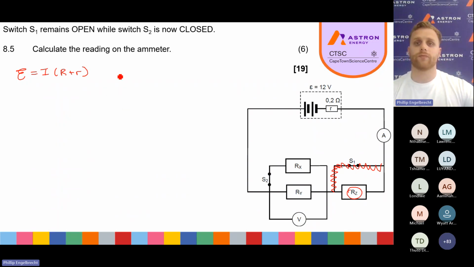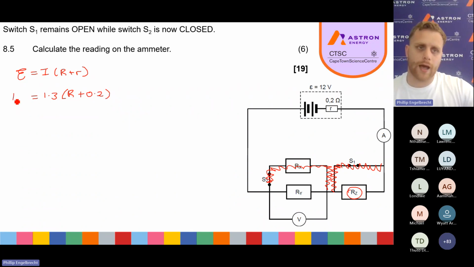Okay, so originally when both of these switches were open, we knew that the current was 1.3 amps. We don't know what the total external resistance is. However, the internal resistance always remains the same, as well as your EMF.